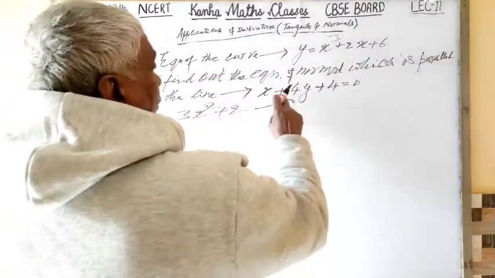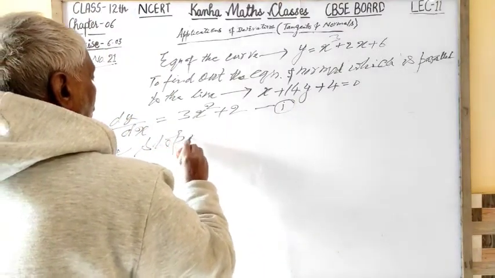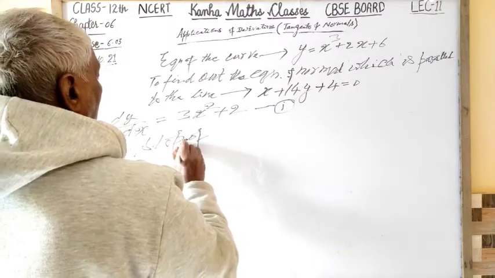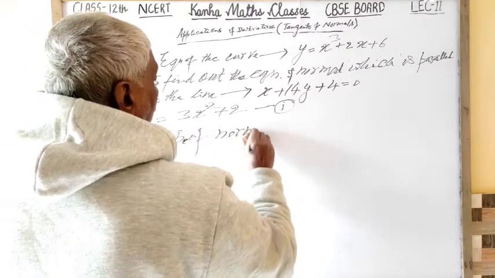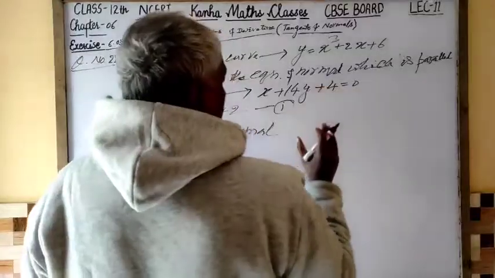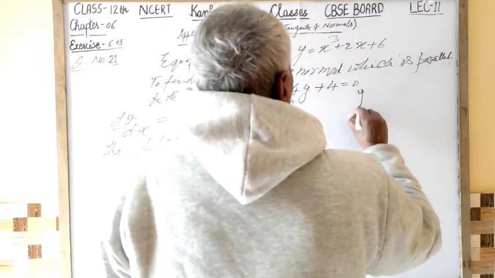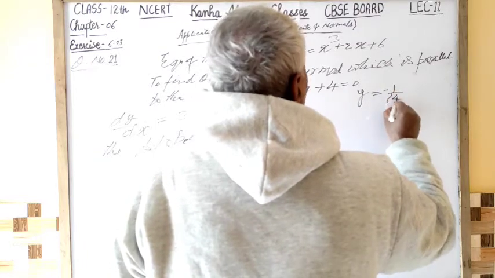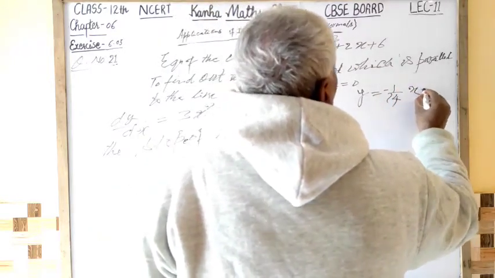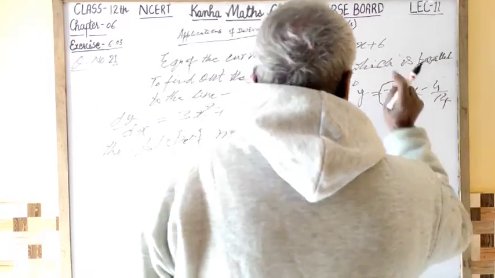But the slope of normal, with the help of this equation of line, and by comparing with y equal to mx plus c, here we will have y is equal to minus 1 upon 14 x minus 4 by 14, and this is the slope of normal.